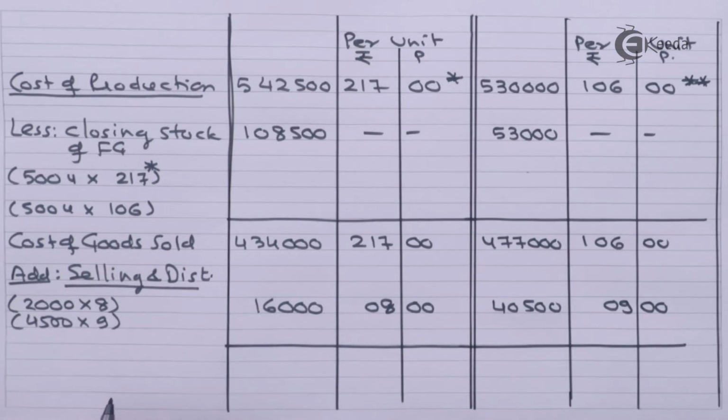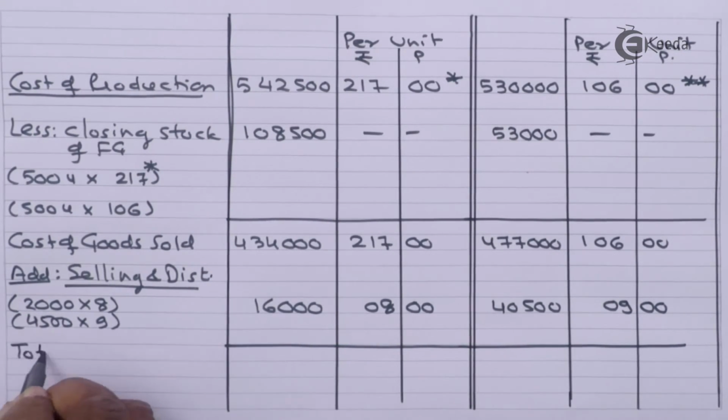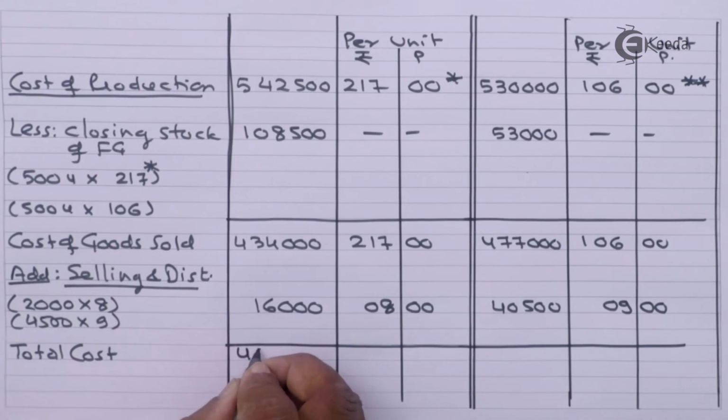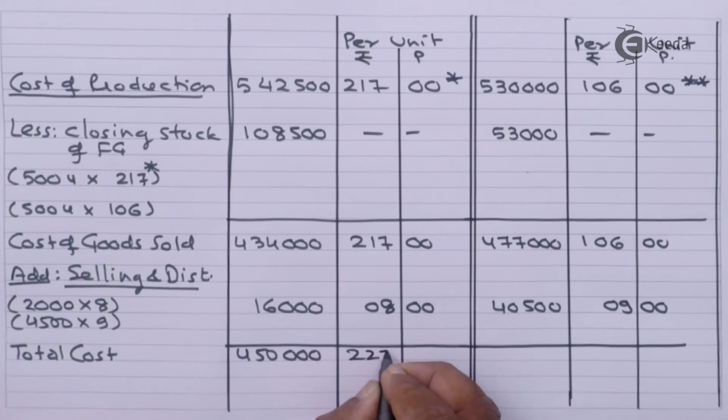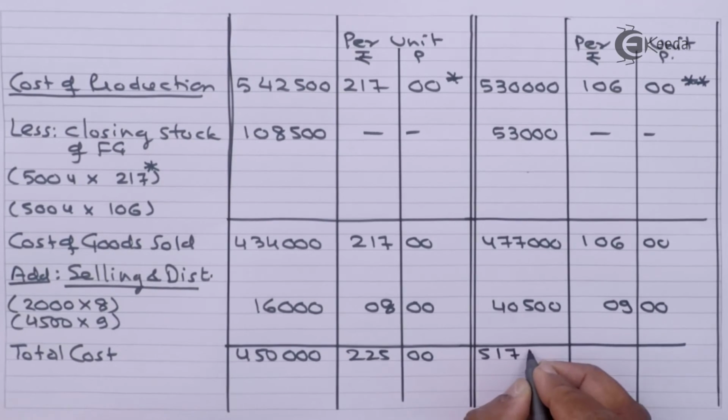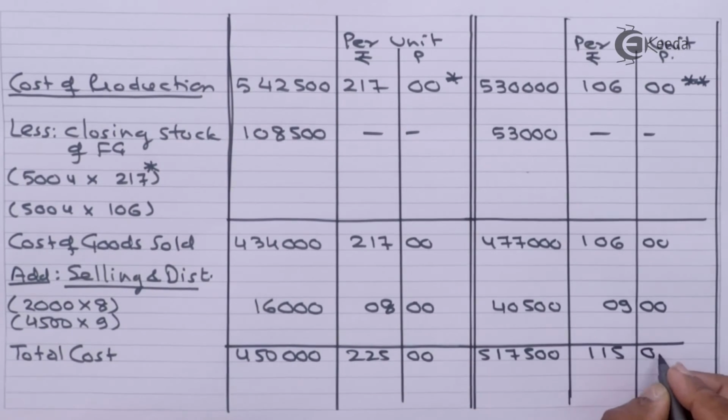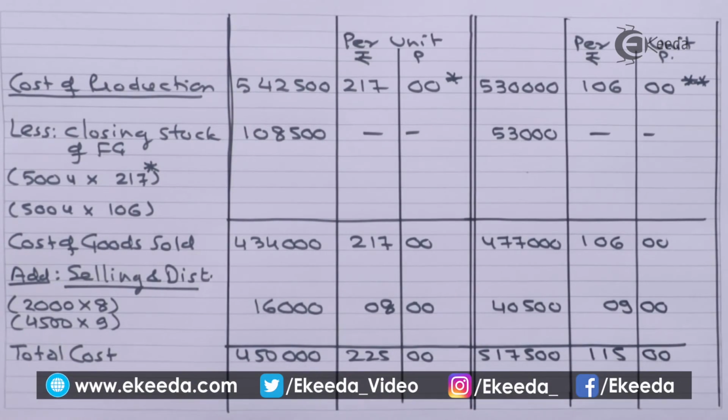So total selling overheads for Sharada pen 16,000 and for Viveka pen 40,500. We'll be adding selling overheads to arrive at total cost. So we got total cost for Sharada 4,50,000, for Vivek 5,17,500.